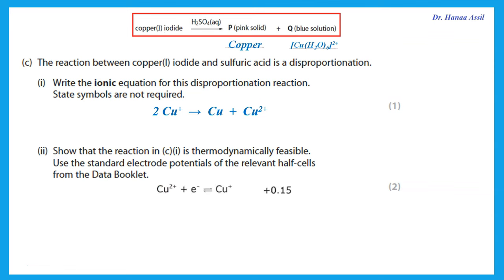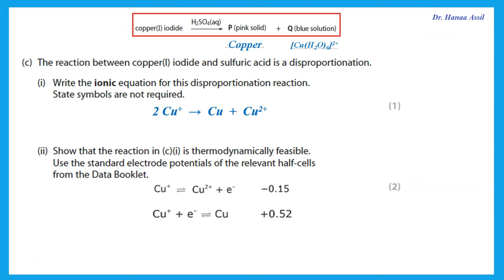Show that the reaction is thermodynamically stable. Use the standard electrode potentials of the cells from the data booklet. So if we look at the data booklet, we have copper 2 plus plus electron to give copper plus 1, that is plus 0.15. We need to invert that because our reaction is from copper plus 1 to plus 2. So that means the E of that cell is minus 0.15.